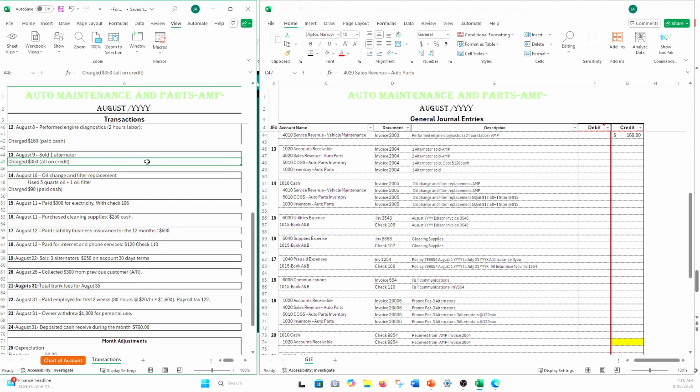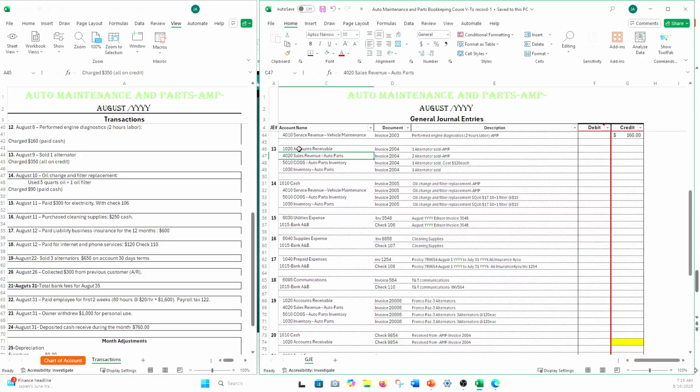All on credit means we provide some time to that person to pay us. So if that's the case, we're not going to receive any cash, but we have to recognize that we have the right to collect that money, and the way to do that is to use the account receivables account.